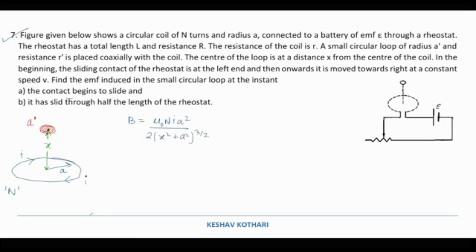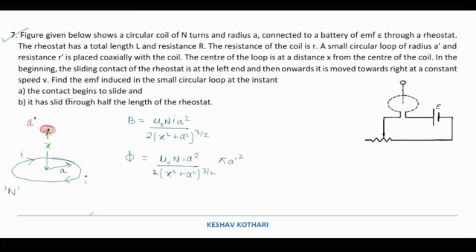This is the value of the magnetic field due to this current carrying circular coil at a distance x, and hence the flux through the small coil can be written as mu naught N i a square upon twice of x square plus a square to the power 3 by 2 times pi a dash square.